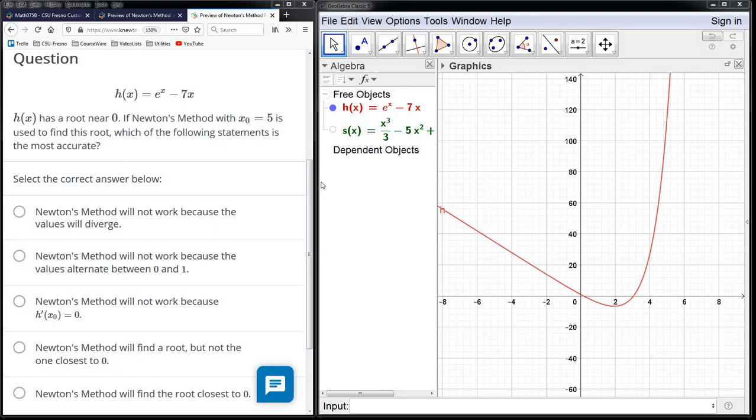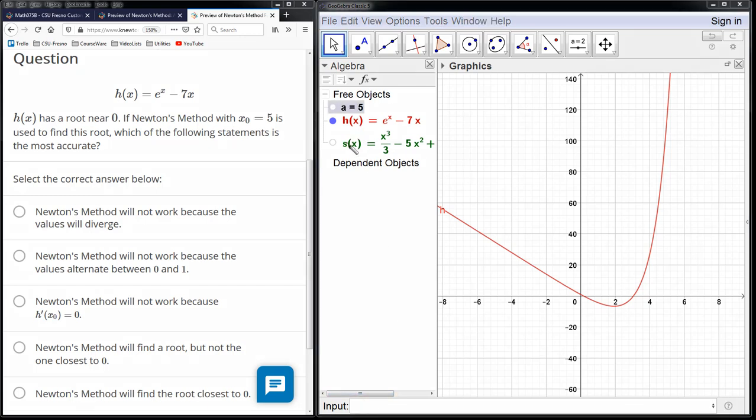What we need to do is draw the tangent line at x equals 5. So I'm going to use GeoGebra to do that. GeoGebra can do this really easily. I can just say I want x to be equal to 5, and the name of my function is h.